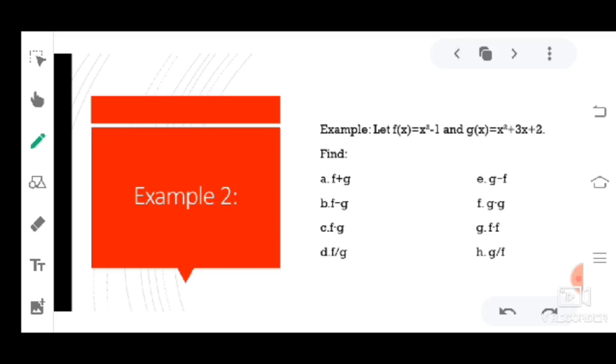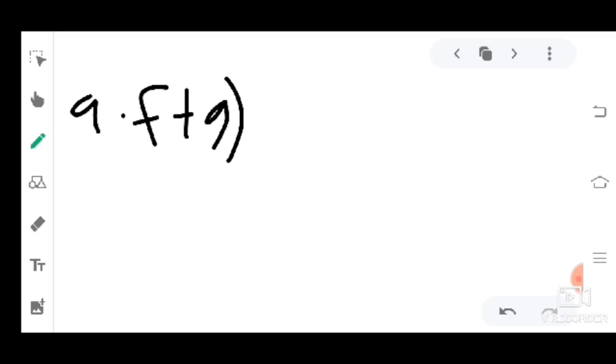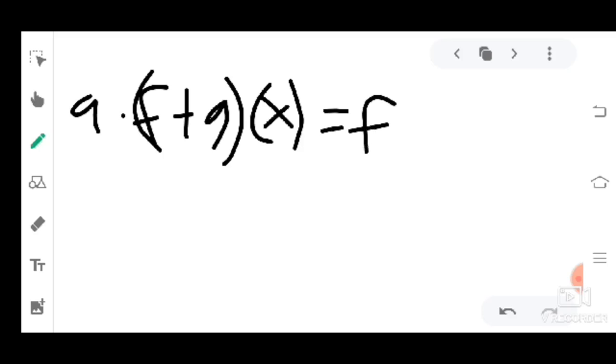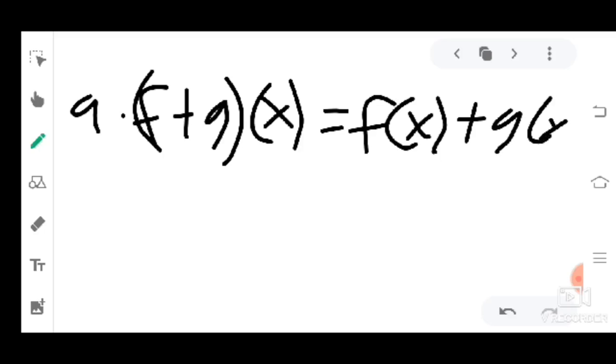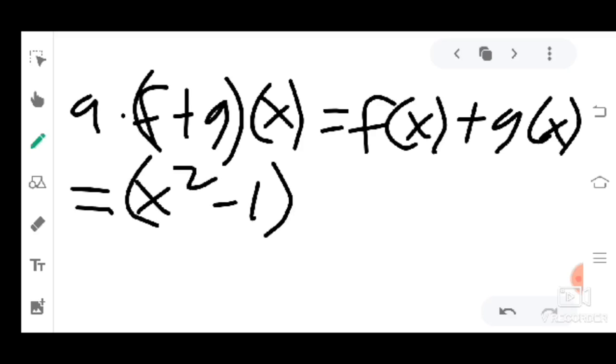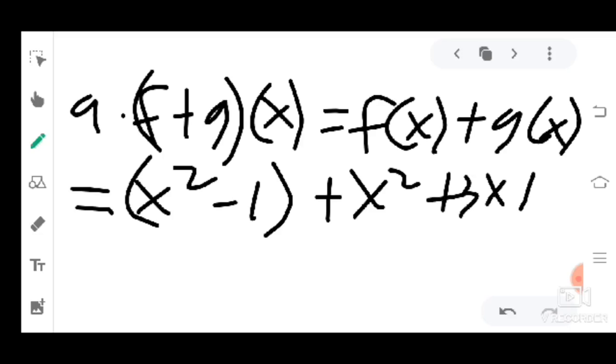For letter A, we are asked to find f plus g. So f plus g of x is just f of x plus g of x, and f of x is x squared minus 1, while our g of x is x squared plus 3x plus 2.